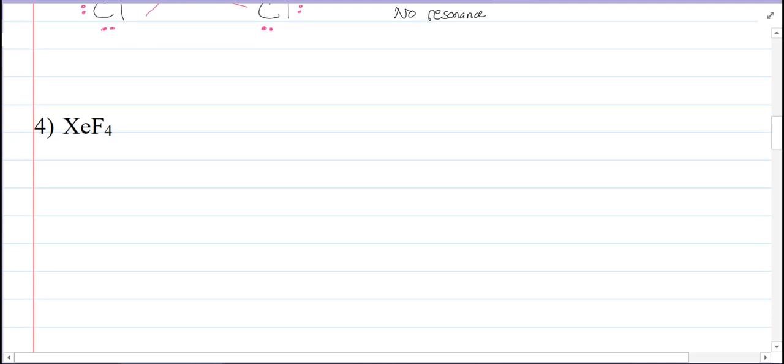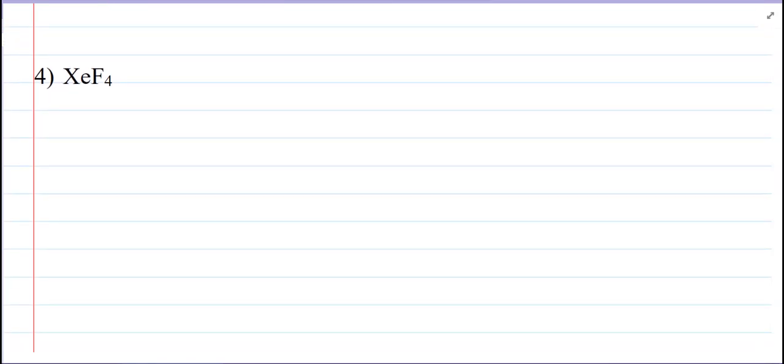Next one is xenon tetrafluoride. Electron count here. 8 electrons plus 4 times 7 electrons. So what's that? 36 electrons.